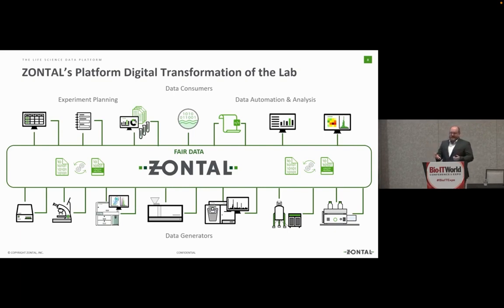So we're annotating this data and we create one package out of that. And of course the results are sent back to where the planning was done in an experiment, so that this is there again in the system where it came from, or in another system, it depends. And so if it's really well done, you don't even see ZONTAL.